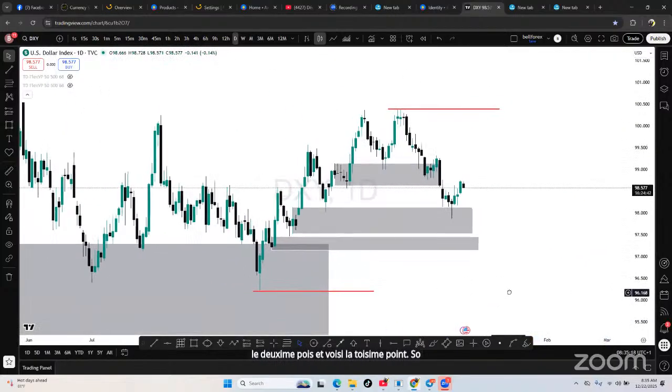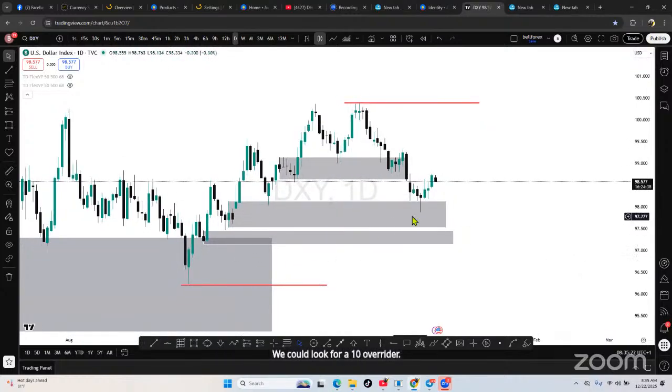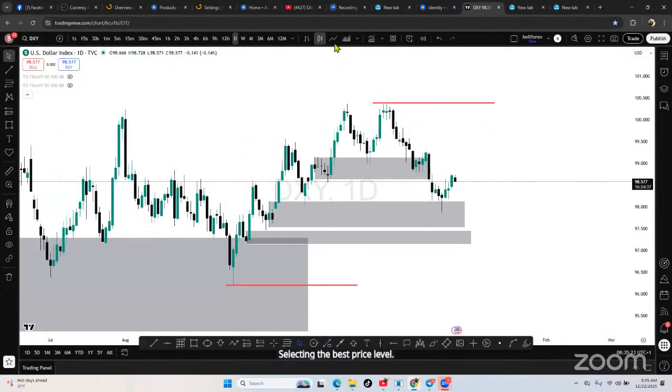So we had three price levels where we could look for a turnover right there. Selecting the best price level, we could use the technique of Fibonacci retracement to validate from which retracement level we should consider. Donc, pour considérer le meilleur point d'intérêt, on peut filtrer. On a deux moyens pour filtrer notre point d'intérêt.